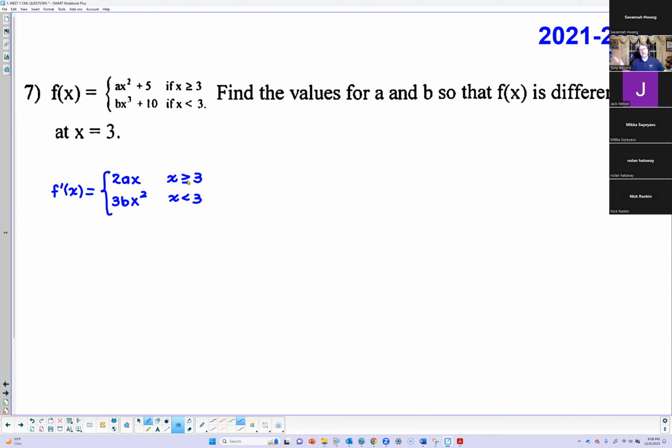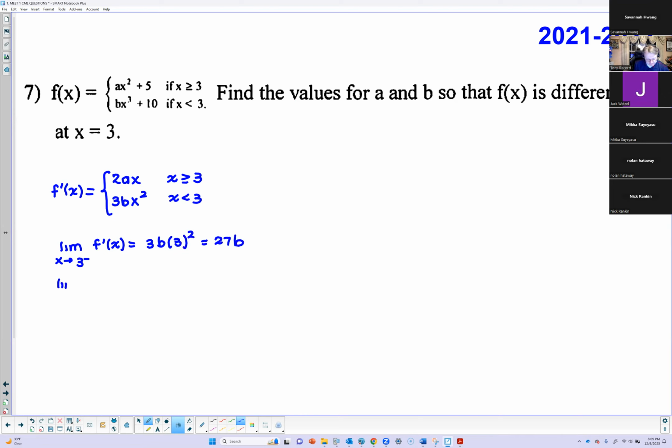Basically, if you want to do this with minimal work, you plug 3 in for x and set those two things equal to each other. But you have to do that with purpose. If this was my class and I wanted you to show work, this is what you would do. Find the limit of f prime as x approaches 3 from the left, which means plugging 3 into the bottom part, which is 3b times 3 squared, which is 27b.